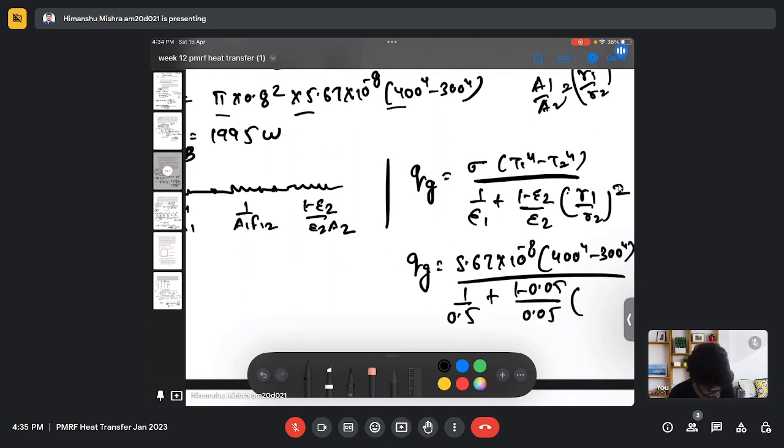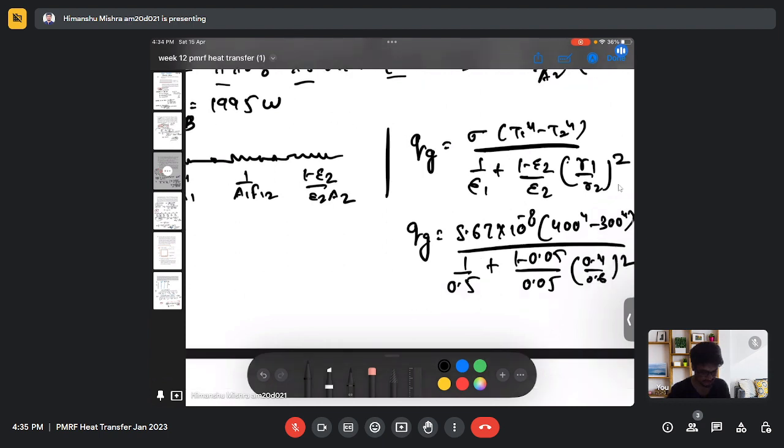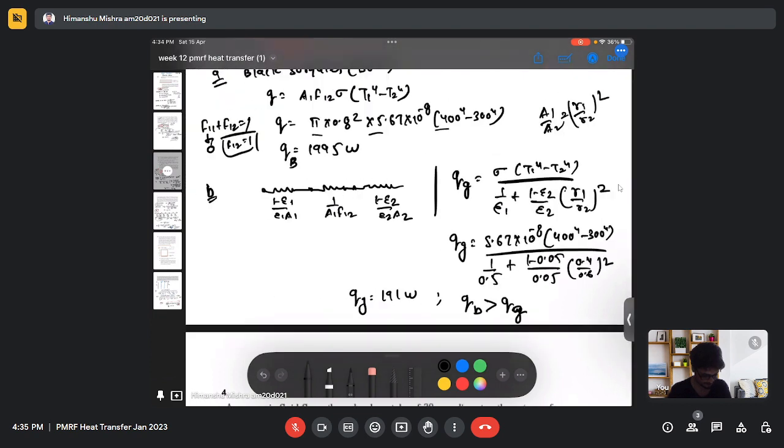My R1 by R2 is 0.4 by 0.6 squared. On solving this, we will get the gray surface heat transfer of around 191 watt. Which is quite obvious, it should be less than the heat transfer for the black body.